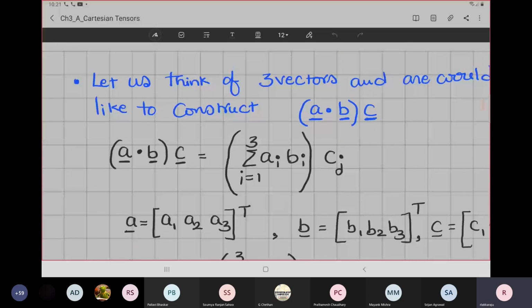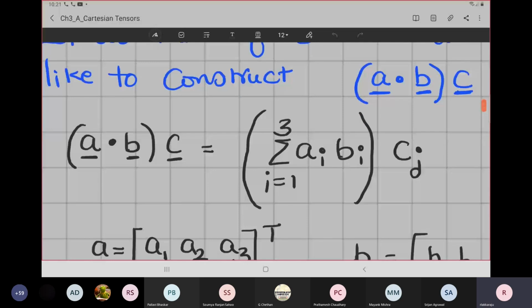Now because there is an inner product A dot B, on AB I am going to apply I is equal to 1, 2, 3, AI BI, which is your traditional A1 B1 plus A2 B2 plus A3 B3. That's just at the math level. What we are showing is summation over I is equal to 1, 2, 3 of AI BI. Now the other vector is Cj or Ck, it doesn't matter.